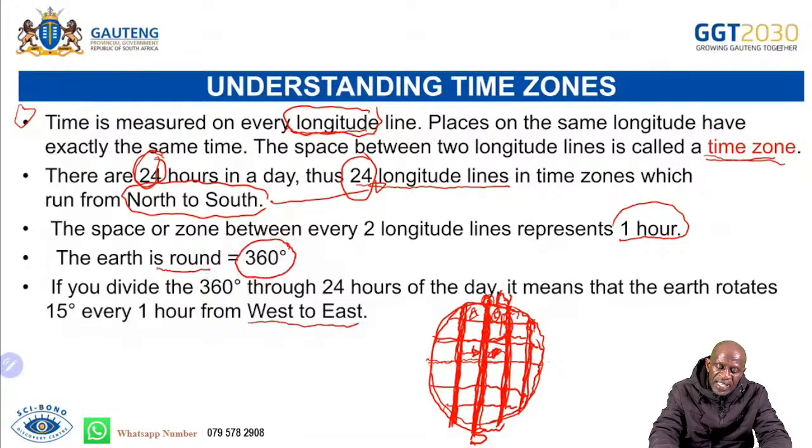The earth rotates 15 degrees every 1 hour to complete 1 hour, and a full revolution amounts to 360 degrees. This was just a definition of our world time zone.